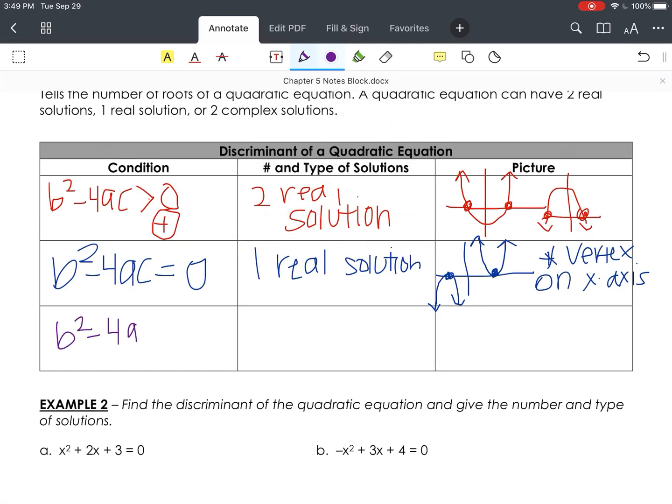So the last one is what if b squared minus 4ac is less than 0, meaning it's negative. That means you're going to be taking the square root of a negative number. So that's two complex solutions, or two imaginary solutions, meaning no real solutions.